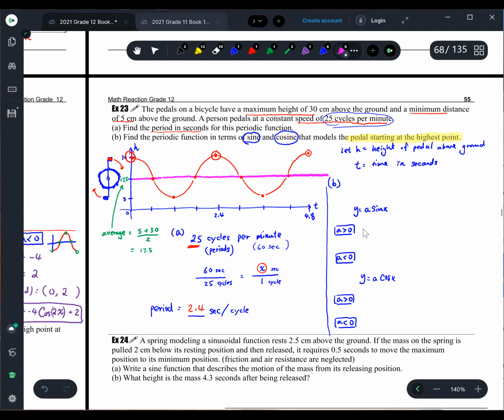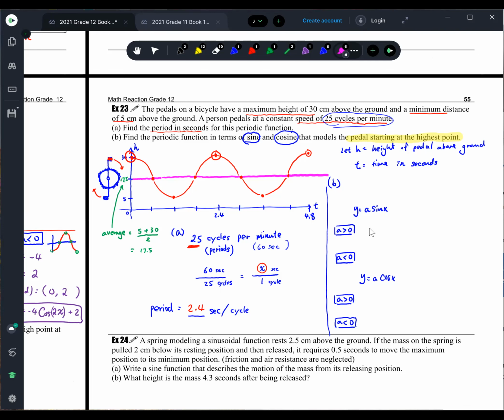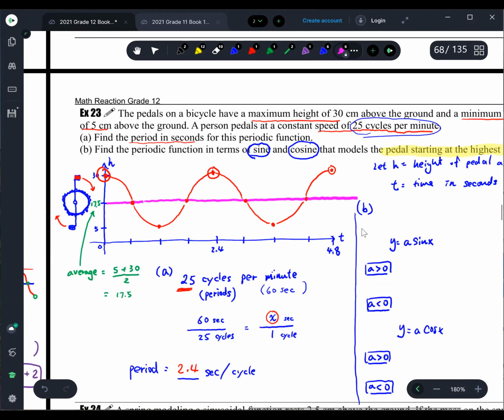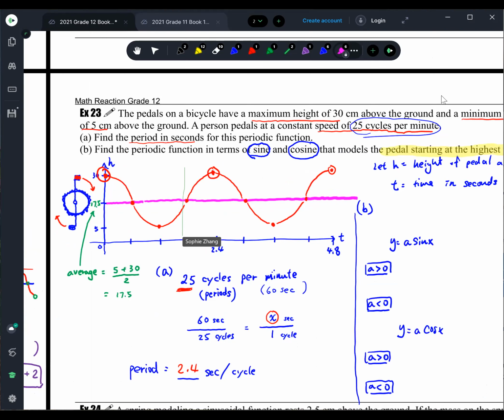Let's look at the first one: sine without reflection. I would like to see where you put the y-axis. Sophie, where would you put the y-axis? Can you show it on the screen? Also the green line there, right? It's a bit slanted, but it's okay.